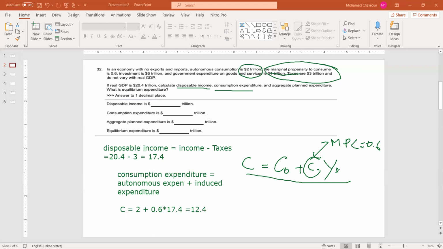You can go to the chapter expenditure multiplier. Can you check, please?